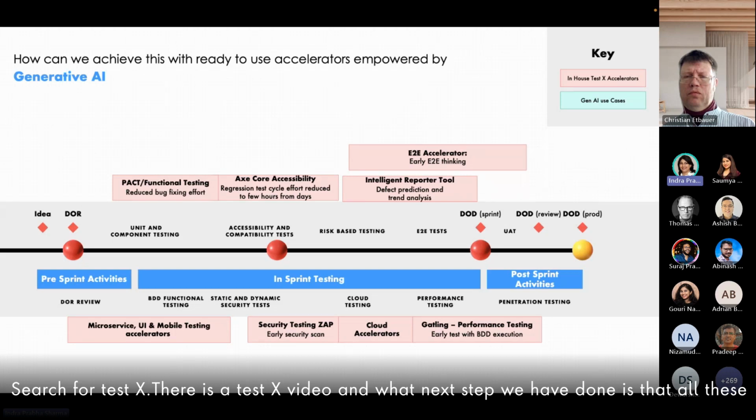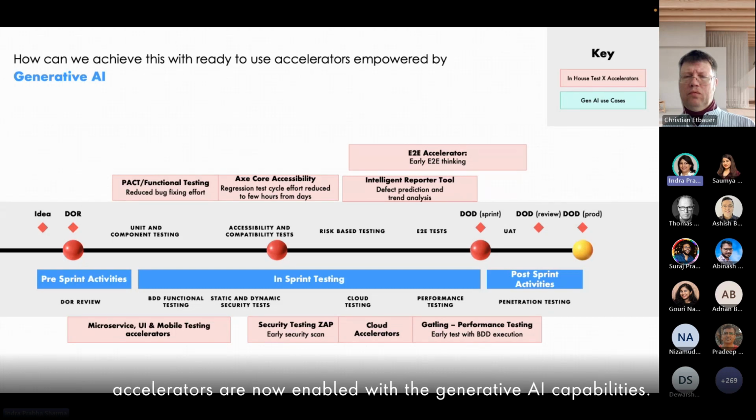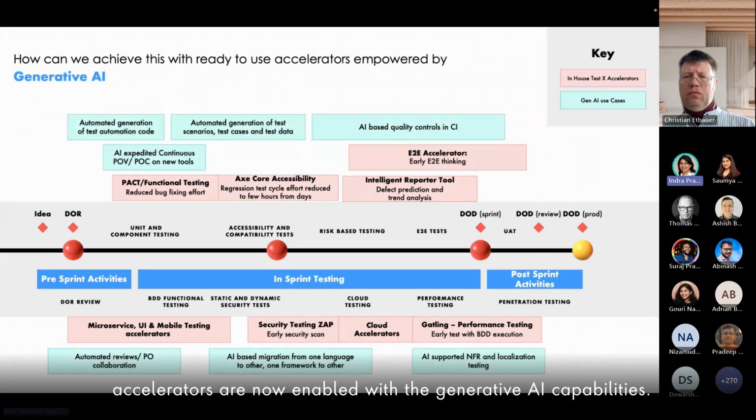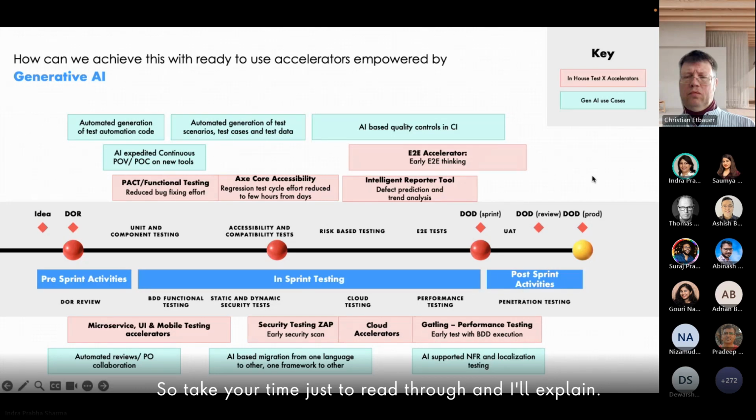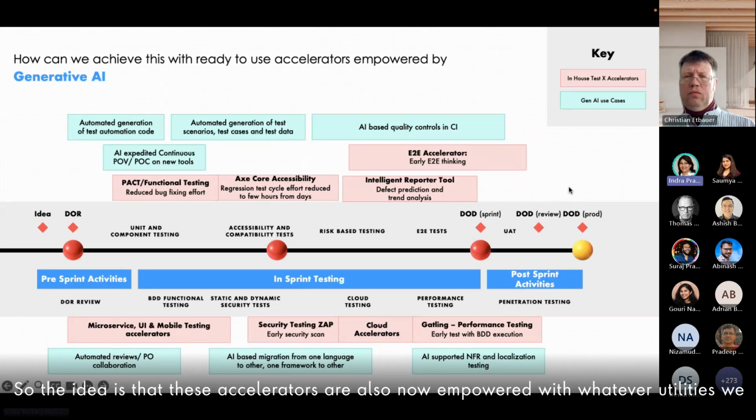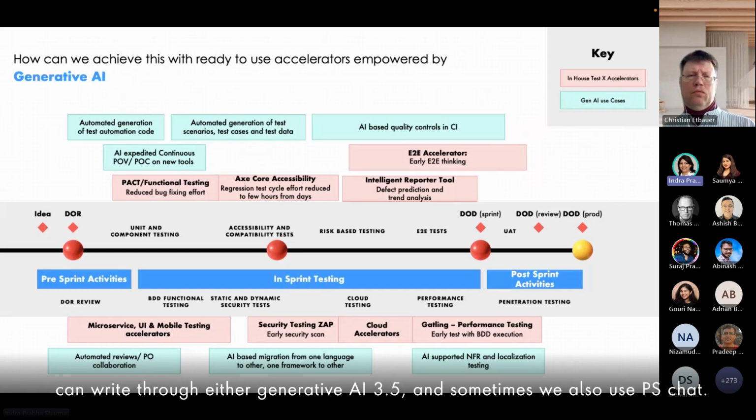And the next step we have taken is that all these accelerators are now enabled with generative AI capabilities. I'll take a pause, I know it's very content heavy. So take your time to read through, and I'll explain. So the idea is that these accelerators are also now empowered with whatever utilities we can write through, either generative AI 3.5, and sometimes we also use PS Chat.